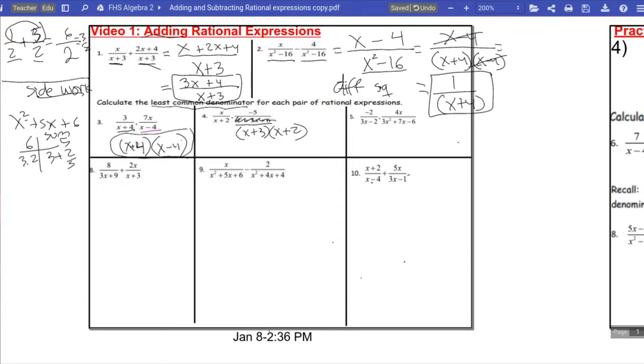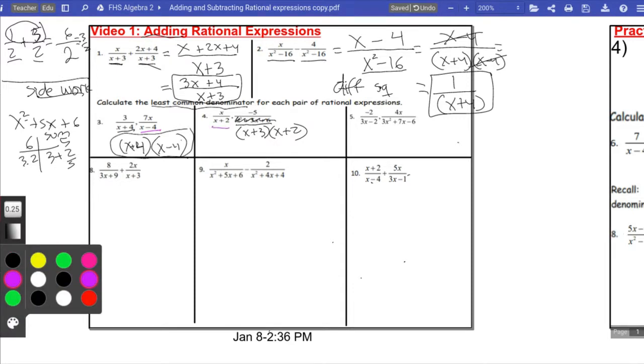Now ask yourself, where are my common denominators for this one? x plus 2 and x plus 2, those are definitely common. So you start by writing that as one of the common denominators. Then where am I left over? There is a leftover. This one doesn't have anything to be common with. Like I said, common denominator, we are so kind. We welcome everybody to the party. So x plus 3. That's the common denominator for that, right?